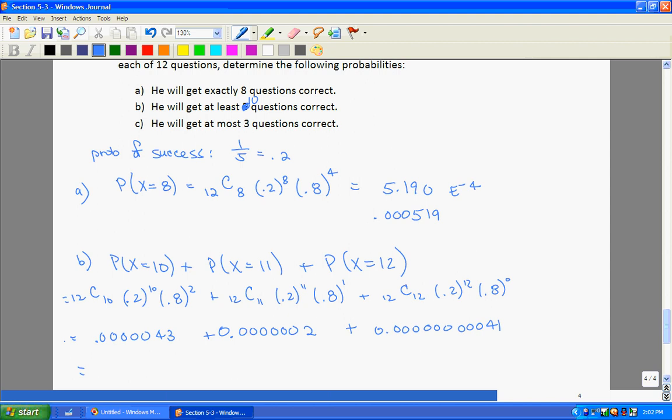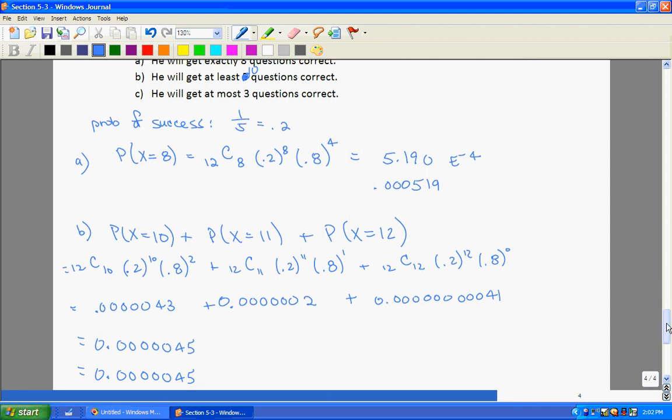So if we add all of those up, I get 0.12, there's 5 zeros, 0.45. So the probability that he's going to get at least 10 questions correct just by guessing, really, really small.